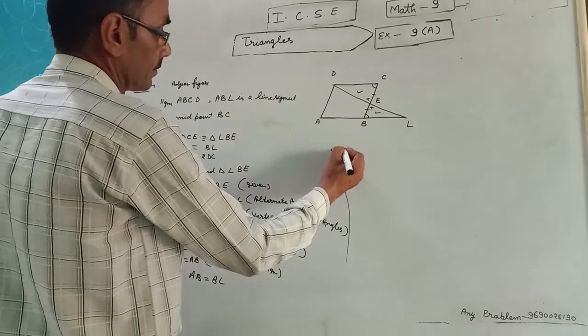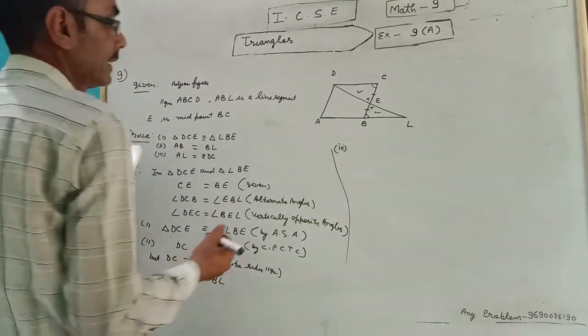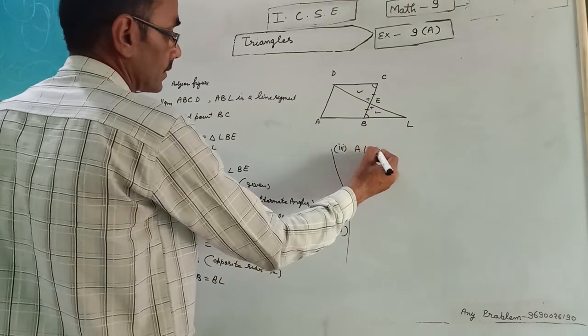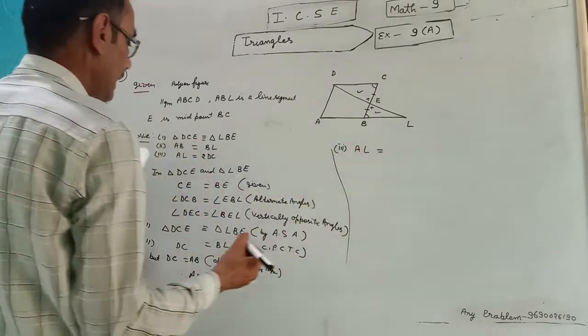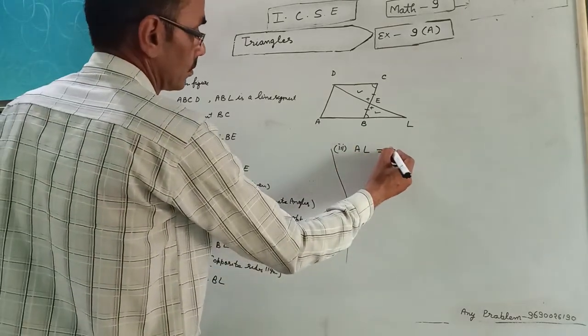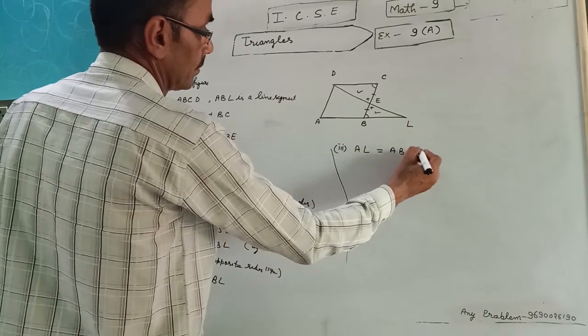Third part is AL. We write AL is equal to AB plus BL.